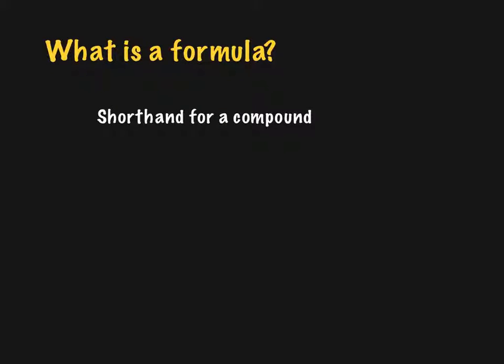So that begs the question, what is a formula? We've already seen that elements have a shorthand thing called a symbol. So we know that a compound is a group of elements that's been bonded together in a fixed ratio. So what we can see is that this is a shorthand for a compound.